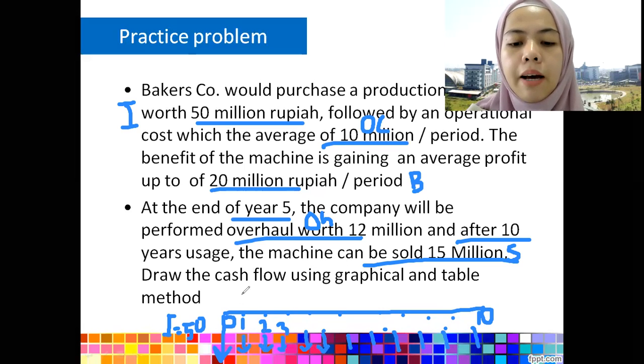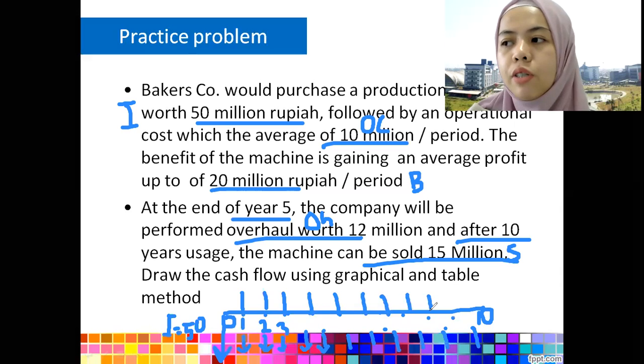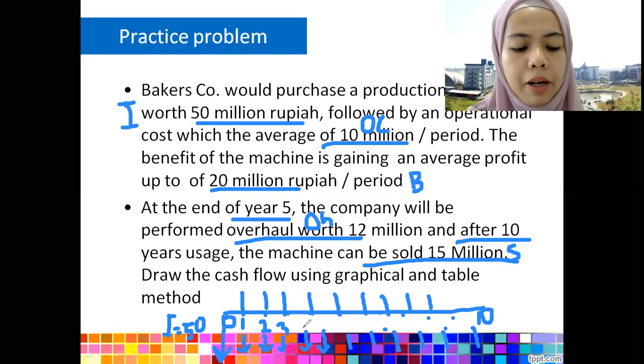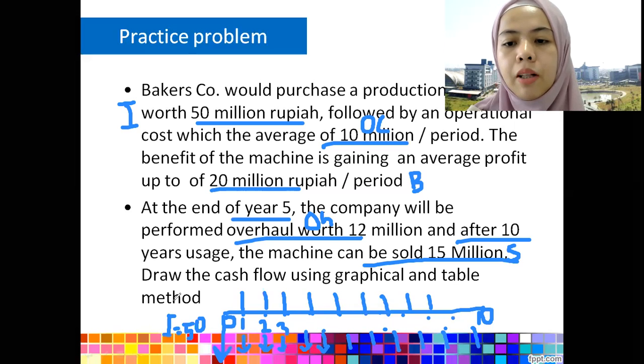And at the same time, we gain some profit, so we have a uniform arrow. Just drop it 10 times. Do the same procedure for the below one, which is the regular operational cost.